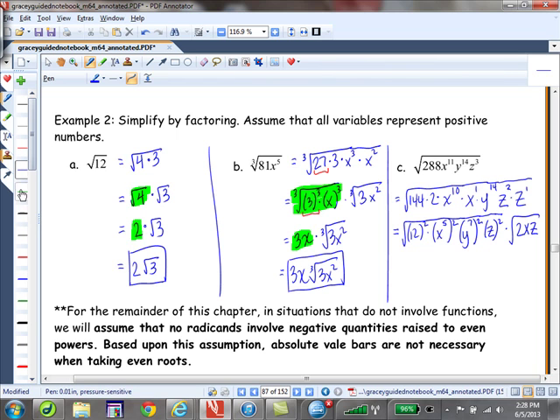So again, x to the 10th is x to the 5th squared. Y to the 14th is y to the 7th squared.